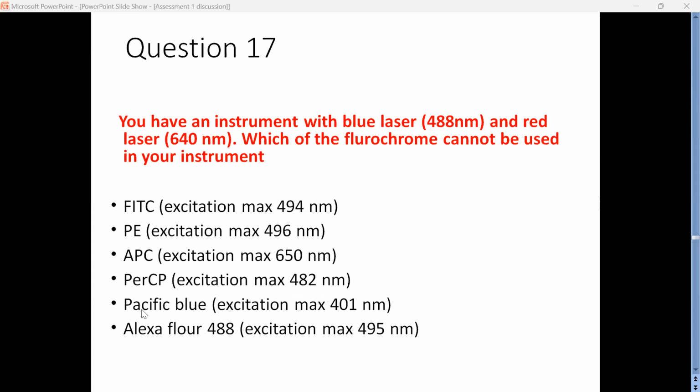So Pacific Blue will not be excited by this blue laser and red laser. Okay, last option, Alexa Fluor 488, which can be excited by the blue laser. So the answer here is Pacific Blue. Okay, Pacific Blue cannot be excited by blue laser and red laser. It can be excited only by violet laser. Okay, any doubts?